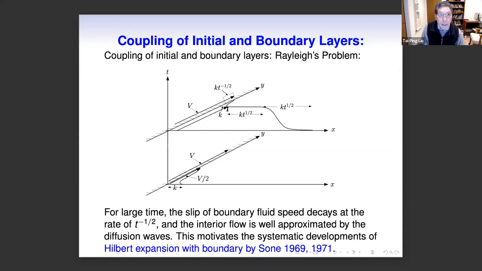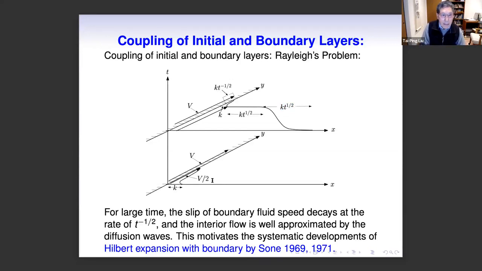And the width of the region with velocity of the boundary or close to the boundary is t to the 1/2. And the transition from velocity close to the boundary to the velocity 0 is also of width t to the 1/2.